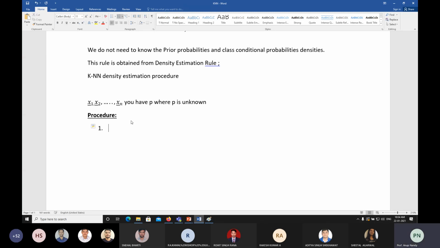First step: let k be a positive integer.